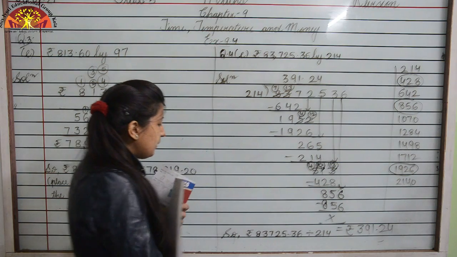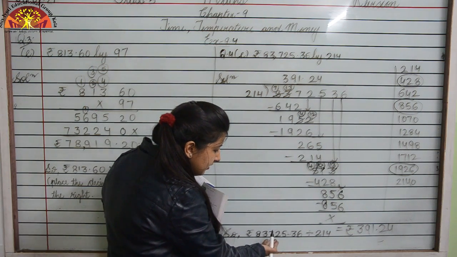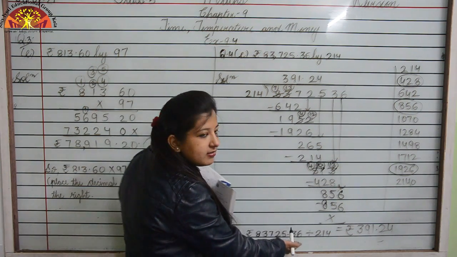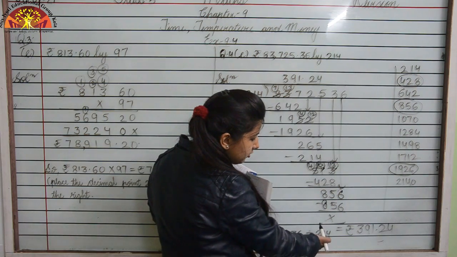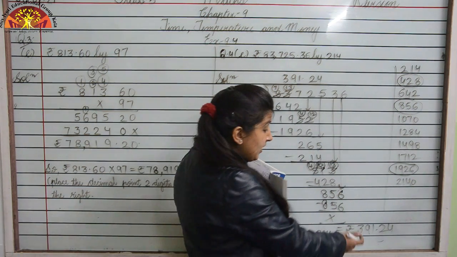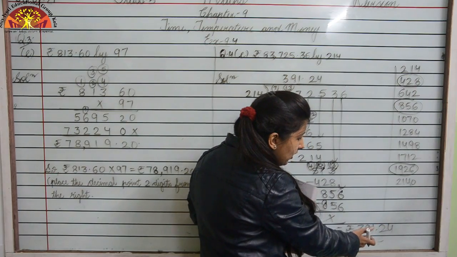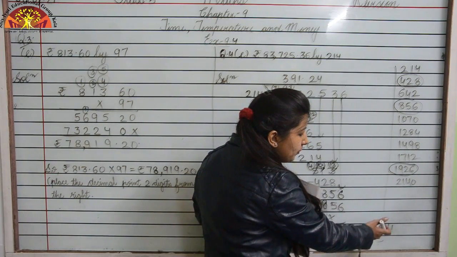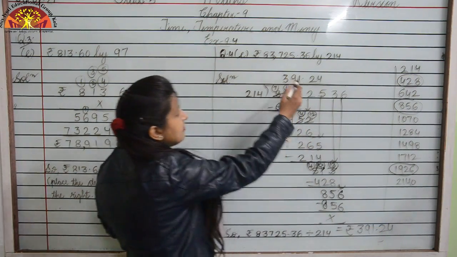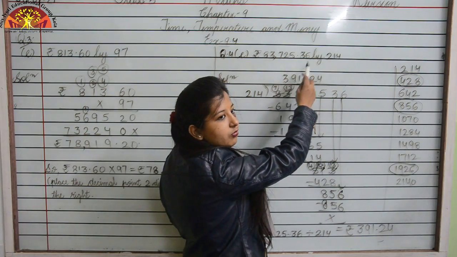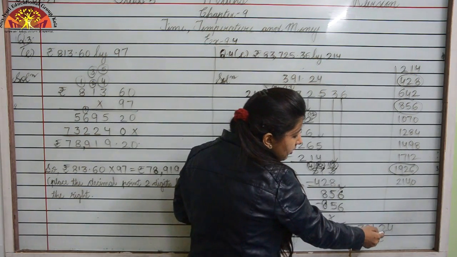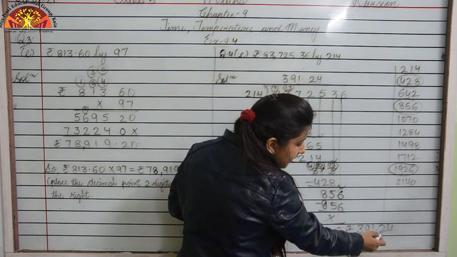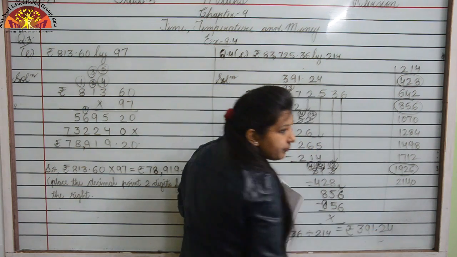So the answer will be 83,725 rupees 36 paisa divided by 214 equals 391 rupees 24 paisa. Here you can see in the decimal part there are 2 digits. So we will put the decimal on the right hand side here.